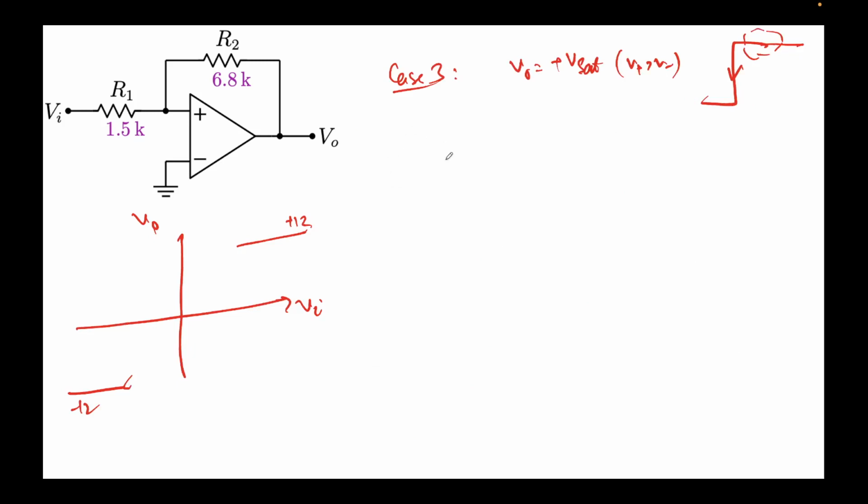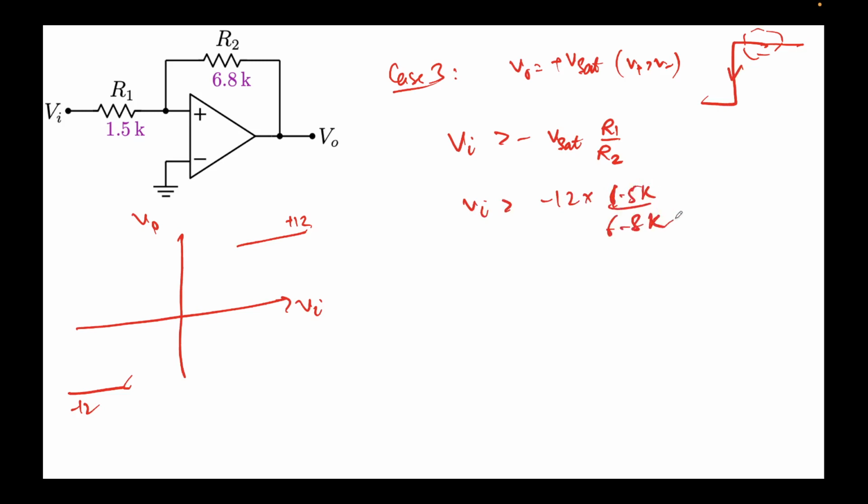So we saw that Vi should be greater than minus V sat R1 over R2. Only then will it remain here, otherwise it will switch. Let's see what this number comes out to be. Minus 12 times R1, which is 1.5k, over 6.8k.